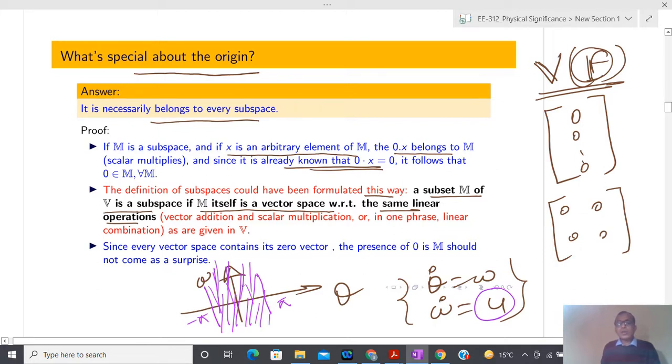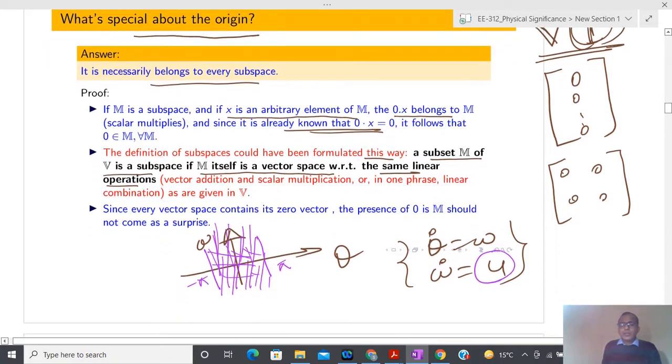So I have to define the operations in a very proper way, such that after defining the operation I can live in this space. Due to that reason, in most practical situations, the notion of subspace comes into the picture.